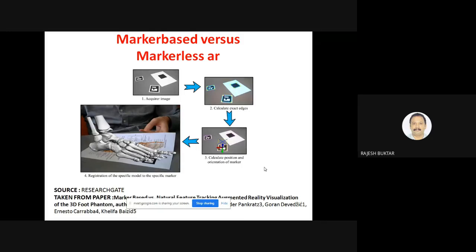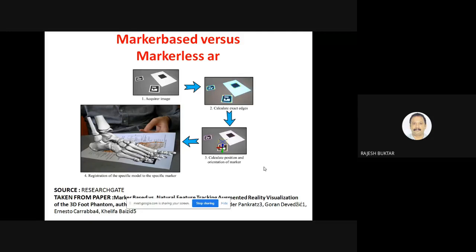In the marker, you might be seeing black and white images. Those can be represented as patterns which are available on the marker, which is sensed. So how are these markers identified by your camera? This is because of the machine learning and the deep learning algorithms.